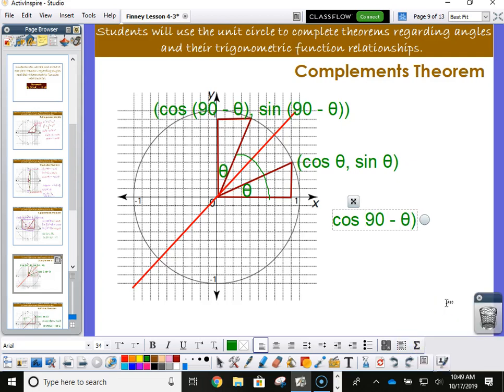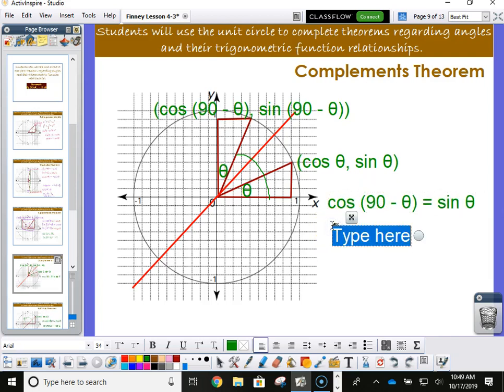Well, the cosine of 90 degrees minus theta, when I switch this, instead of this being cosine, sine, it's now going to be sine, cosine. So that's going to equal the sine of theta, because all we did was switch our x's and y's.